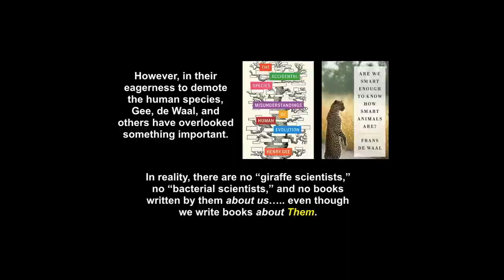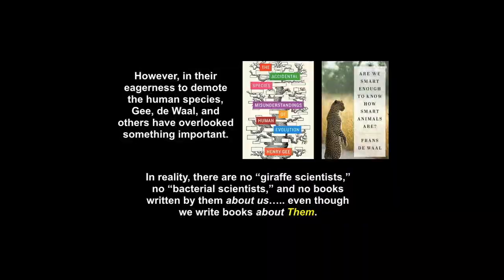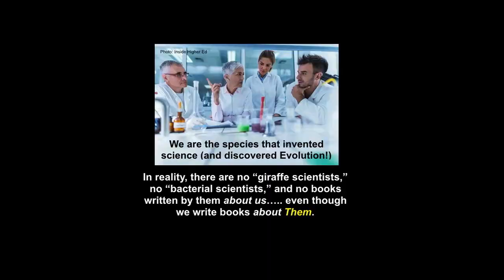There are no bacterial scientists, and no books written by them about us, even though we write books about them. And that's an important thing to appreciate. Among all the species on this planet, we are the species that invented science, and we are the only species, as far as we know, that is aware of the process of evolution that created us. That is a critical distinction.